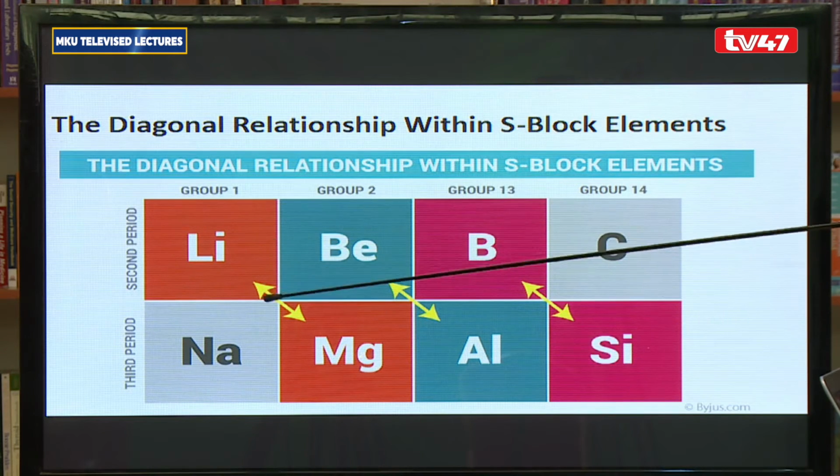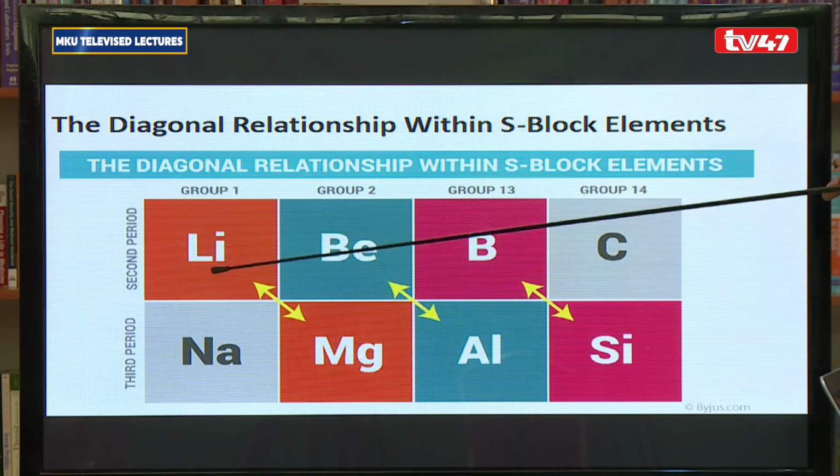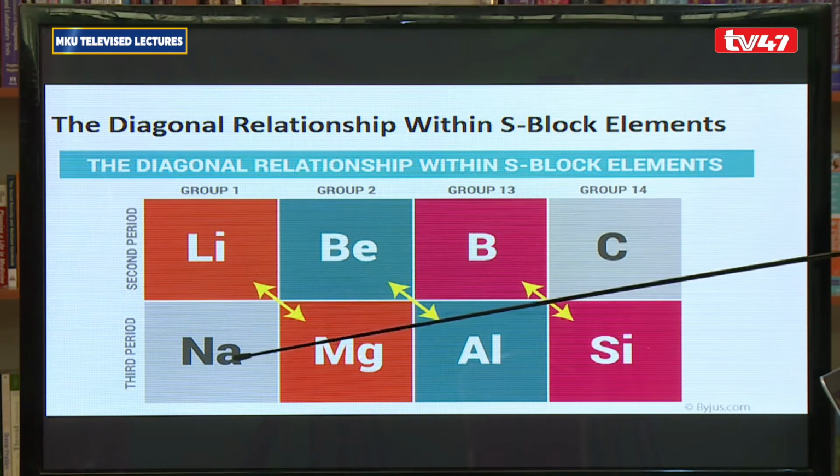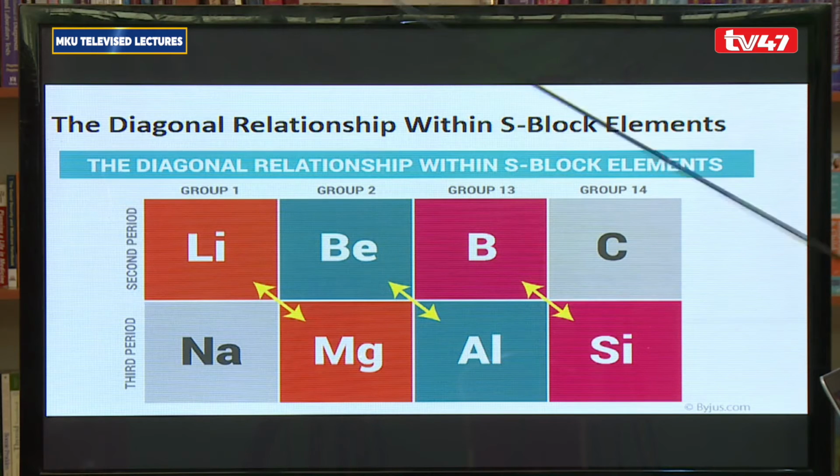So some properties of lithium differ a lot from those of sodium. Like the nitrates, where lithium nitrate decomposes completely, and lithium also reacts with nitrogen to form lithium nitride, while none of the other alkali metals are able to form nitrides with sodium.